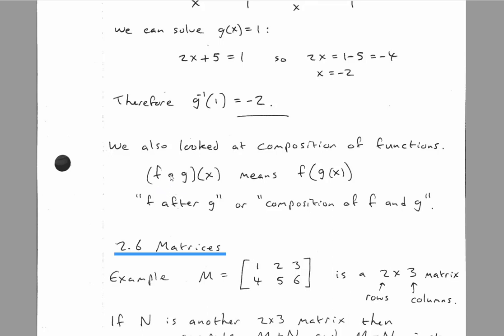It has this notation with a little circle symbol, and the way to read this is f after g. You hit this input with a g first, then with the f. This is the composition of g and f. So you're getting a new function. This is a way to combine two functions.